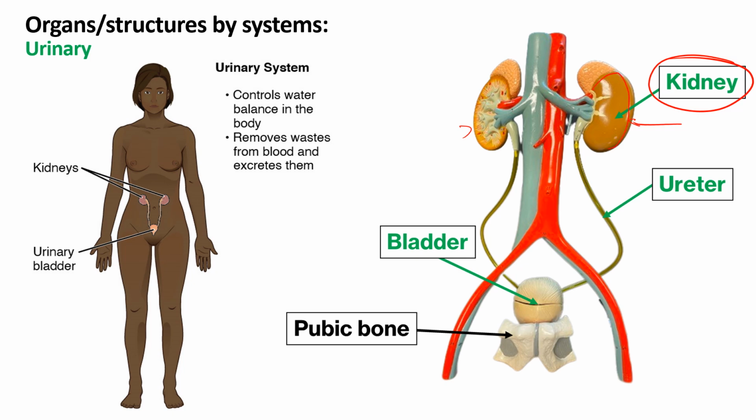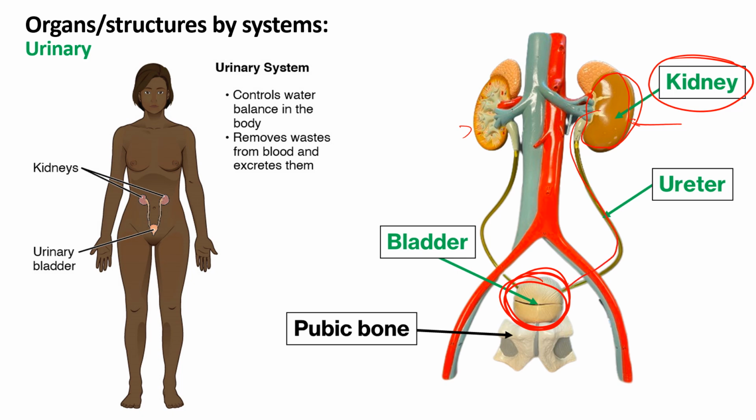Below the kidneys, we have the bladder. Between the kidneys and the bladder, we have two tubes, if you will, that communicate the kidneys and the bladder. The urine that is produced by the kidneys moves from the kidneys through these tubes that are called ureters.